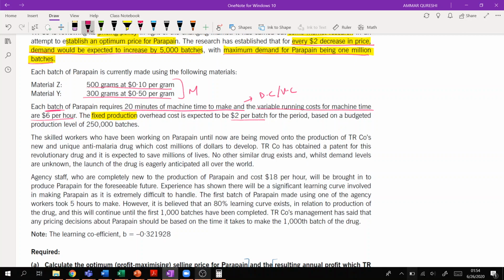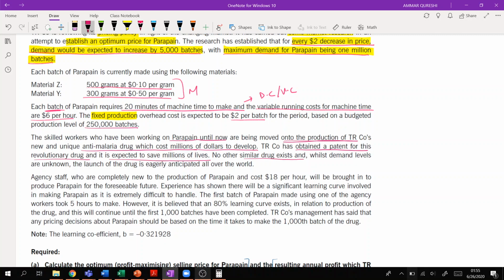Based on the budgeted production of 250,000 batches, the skilled workers who have been working on paraffin until now are being moved on to the production of TR Company's new product, a unique anti-malaria drug which cost millions of dollars to develop. The company has obtained a patent for this revolutionary drug and it is expected to save millions of lives.